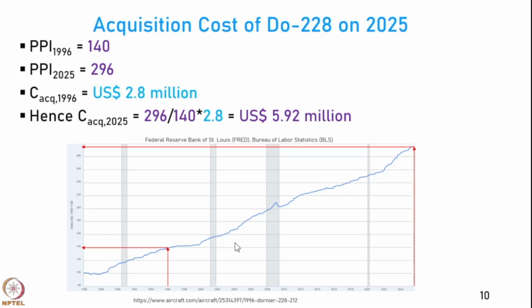So, what was costing $2.8 million to acquire in 1996 will cost around $6 million to acquire in present times. So, this is how we get an idea about the approximate acquisition cost of the aircraft.